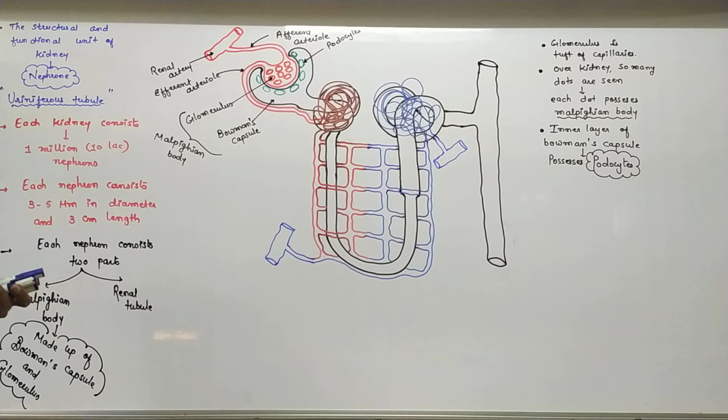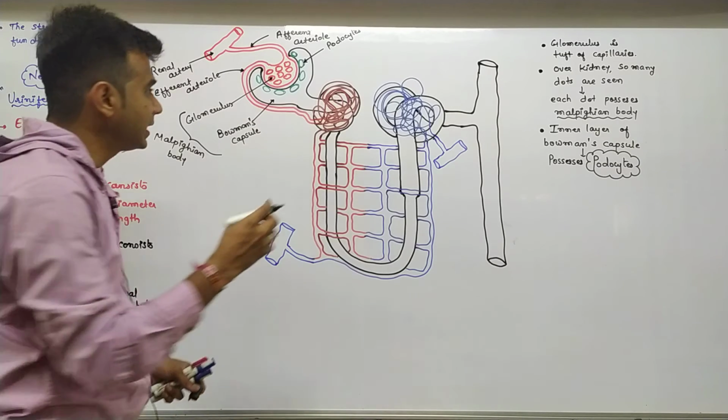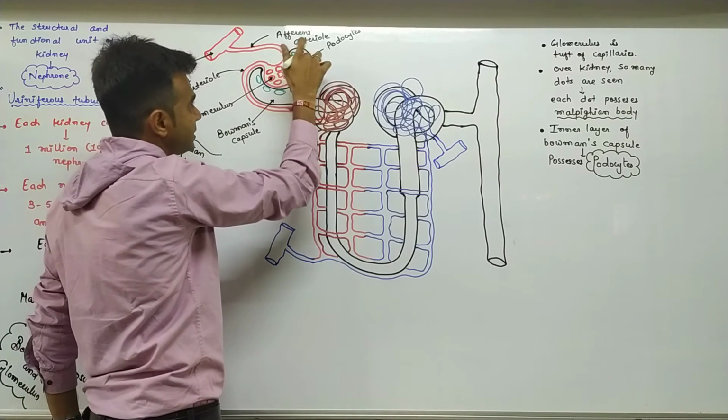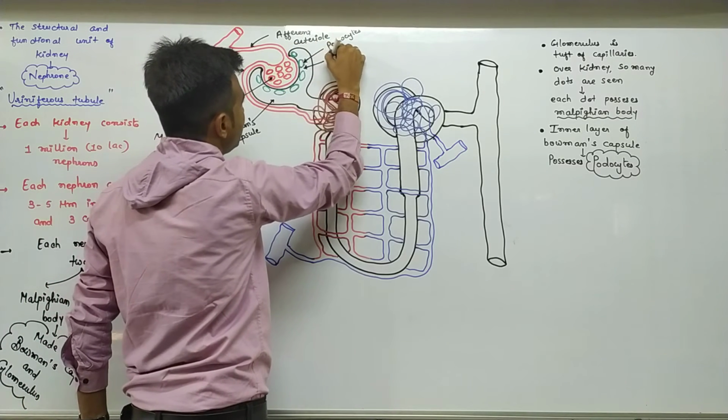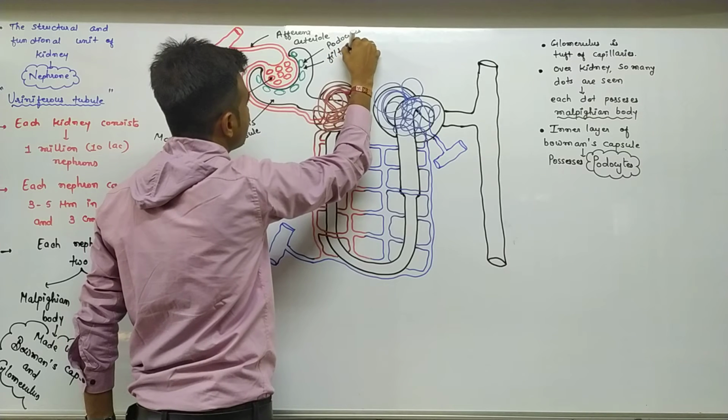Here, podocytes are arranged in such a way that in between two successive podocytes a gap is there. It is known as filtration pore.